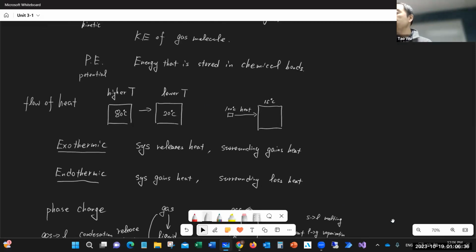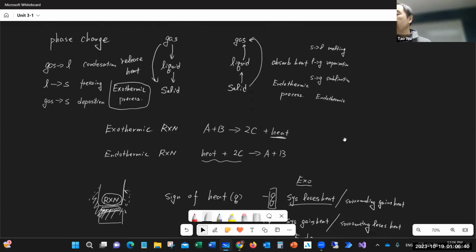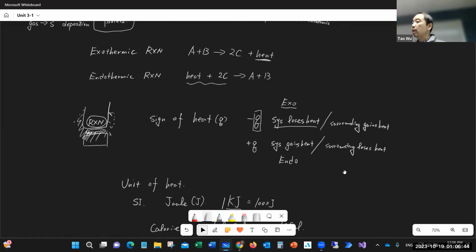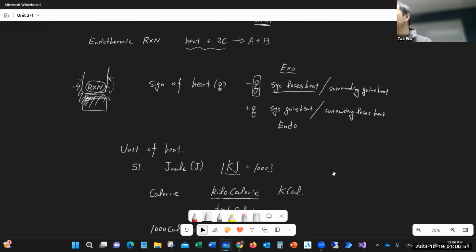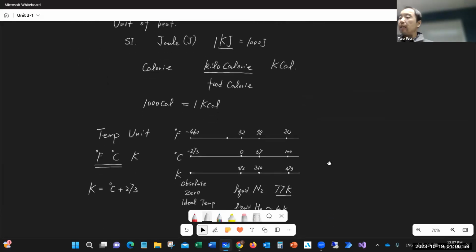What kind of phase change is endothermic, and what kind is exothermic. Then endothermic reactions and exothermic reactions. We also learned the sign of heat: a positive sign means endothermic, a negative sign means exothermic. And we talked about joules, kilojoules, food calories, and Kelvin, Celsius, and Fahrenheit.